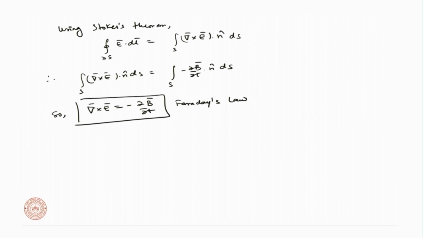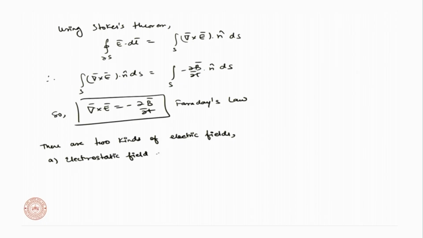So, what we can conclude from this is that there are two kinds of electric fields. The first one is our normal electrostatic field, due to static charges. So, we have a potential difference, and that potential difference is causing the current to flow.